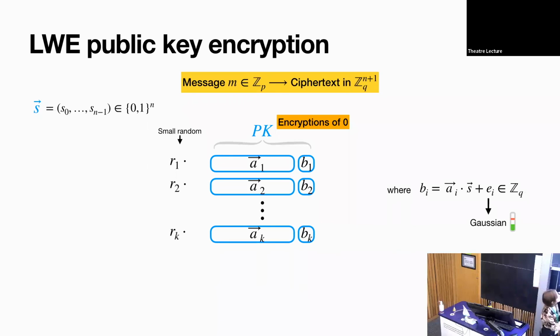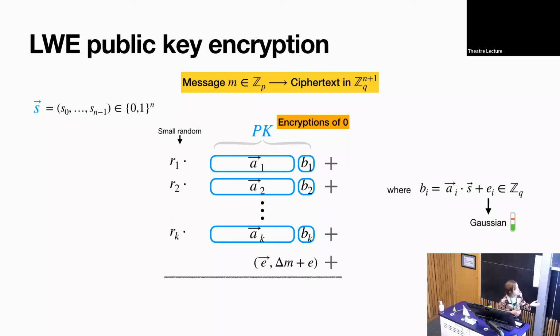What happens if, for instance, the R's are 0 or 1? You are just selecting some of those encryptions, and if you add them together, since they are encryptions of 0, the sum is going to be an encryption of 0. Now that you have a random encryption of 0, you add to it your message plus some error in the B part and some randomnesses in the A part.